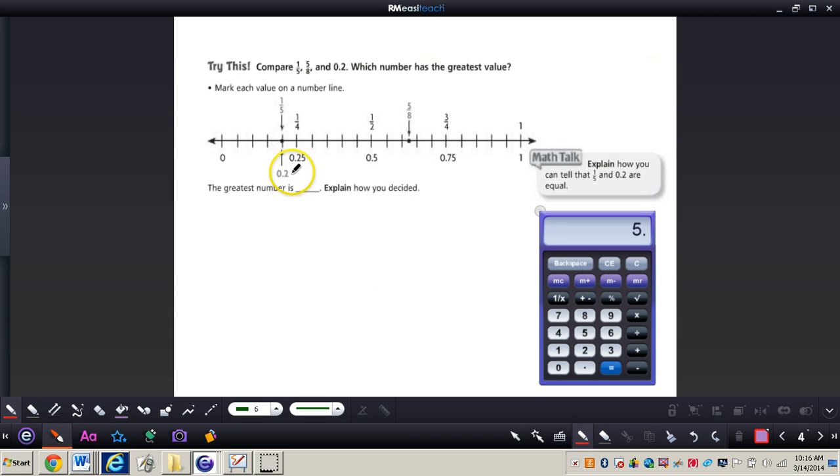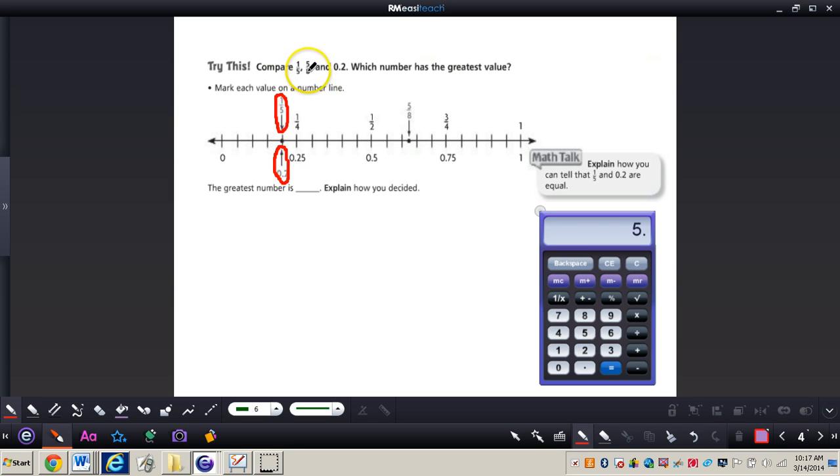Now if we're taking a look at 1/5, 5/8, and 2/10, comparing fractions and decimals can be a little tricky. However, a number line will make our life a lot easier. If we need to figure out which one has the greatest value, we would first see that 1/5 lies right here on my number line, and also 2/10 lies right here, at the same spot on my number line as well.